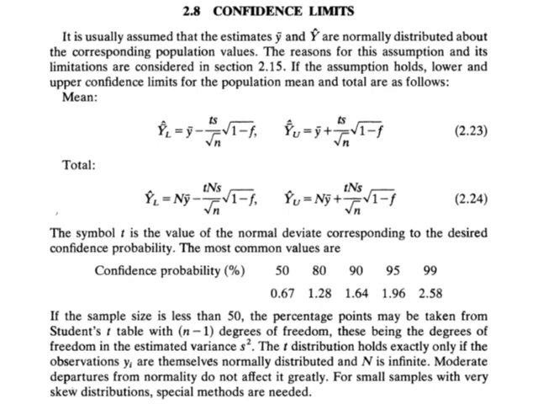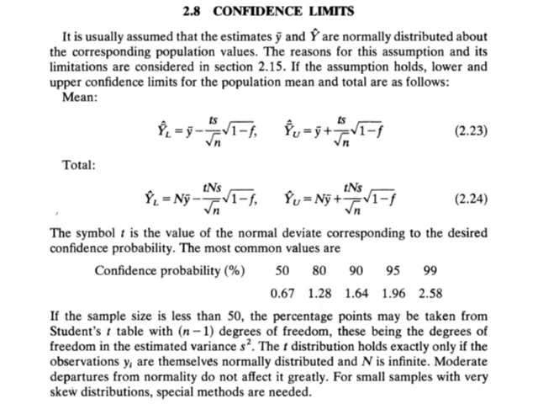If the sample size is less than 50, the percentage points may be taken from the student's t table with n minus 1 degrees of freedom. These are the degrees of freedom in the estimated variance s square.